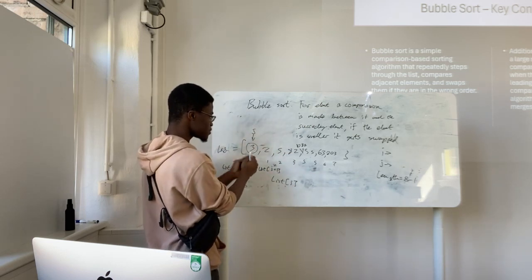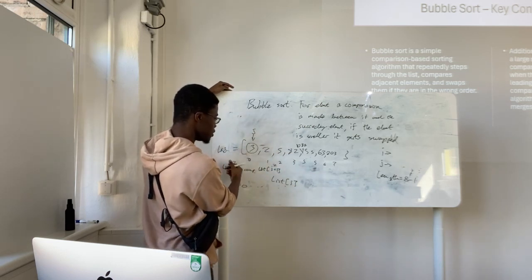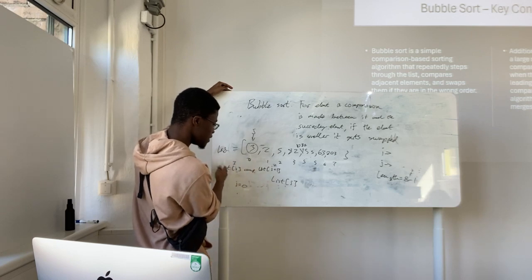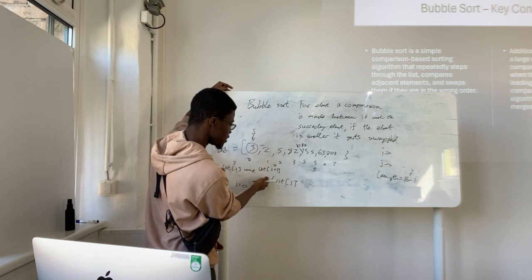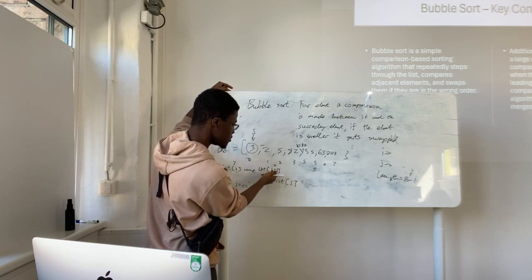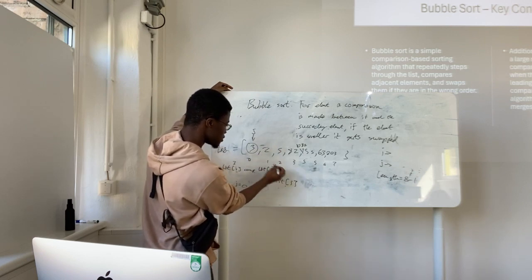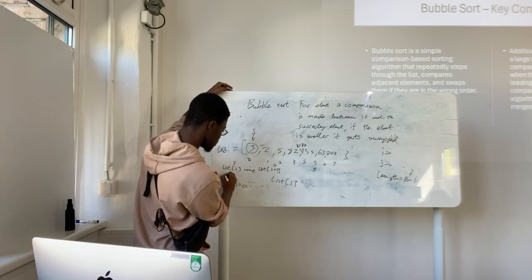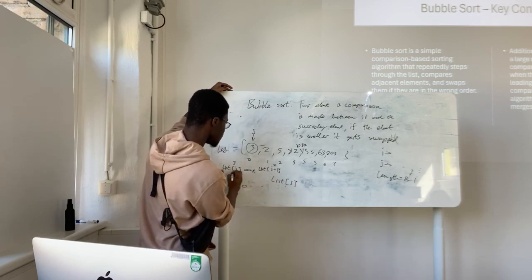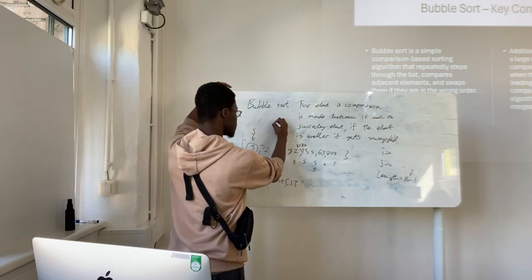And then in this case, if we detect that the list at index j is larger than the element that comes next, so 3 greater than 2, we tell the algorithm, first define a temporary value.